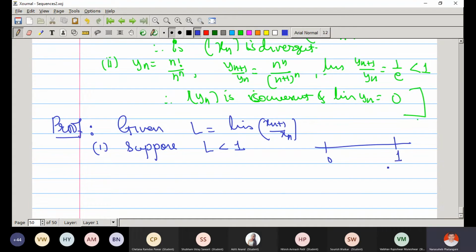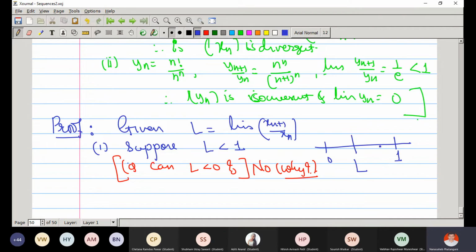No, why? Because xn is a sequence of positive real numbers, and therefore xn plus 1 upon xn are also positive numbers, and therefore the limit of this cannot be negative. So L cannot be negative, therefore L is in between 0 and 1.